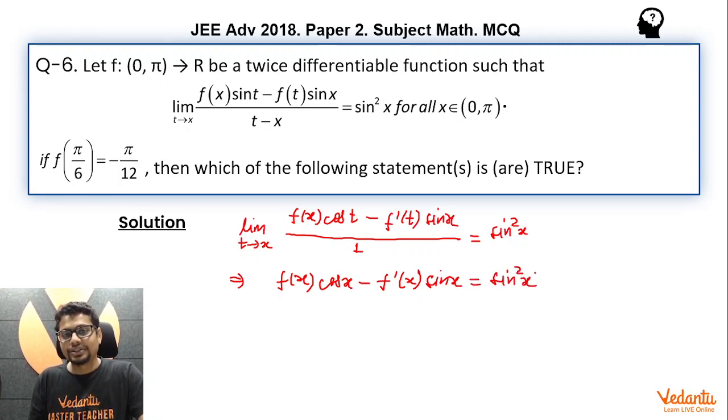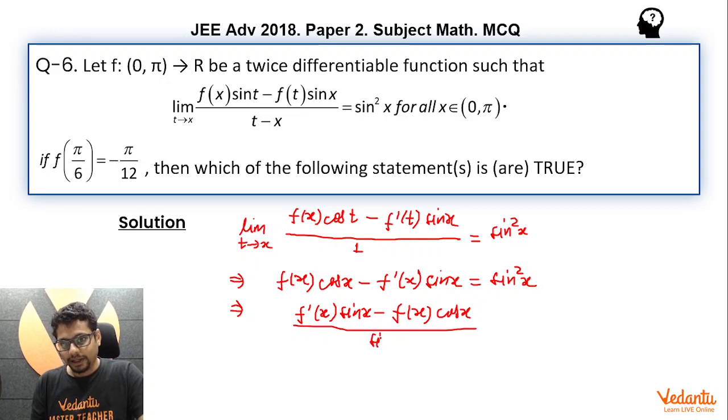And it is a linear differential equation. And this can be solved using linear differential equation concept, using integration factor and all. However, there is a better way of doing this. You may just cross multiply sin square x. Anyway, sin square x is never 0 because x is in this interval 0 open to pi open. So here you may take it this way, f prime x sin x minus f of x cos x by sin square x is essentially minus 1.